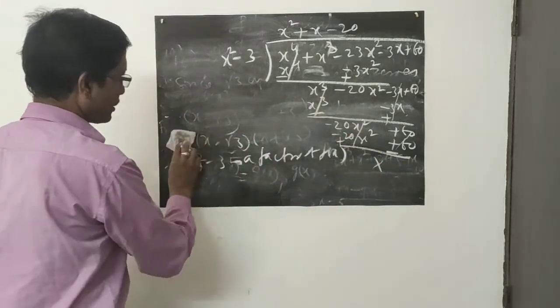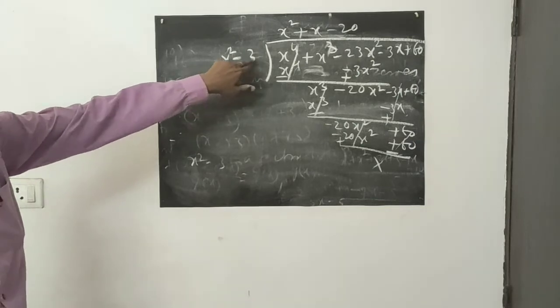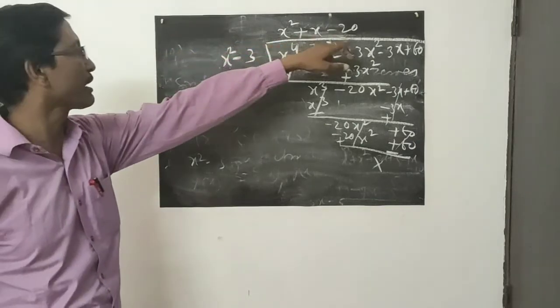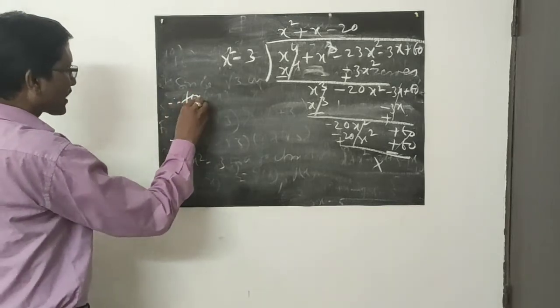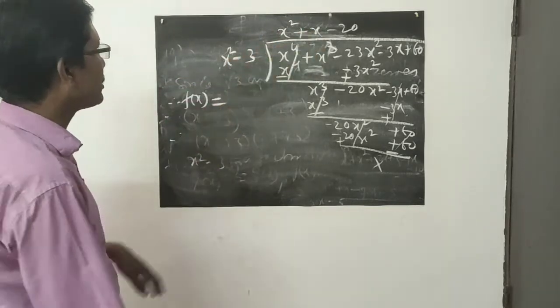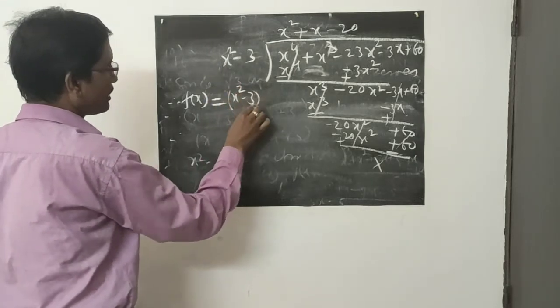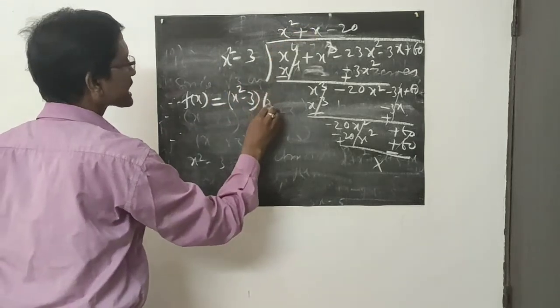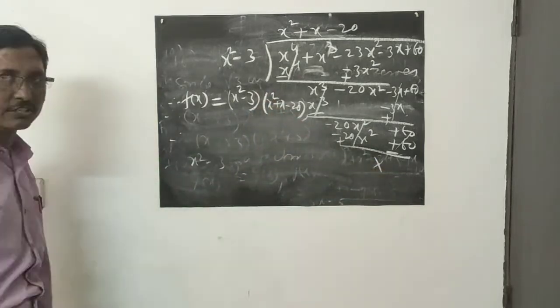It will be over, so ultimately it is divisible. One factor you got is x square minus 3, then the remaining factor you are having is x square plus x minus 20. So f(x) can be written as g(x) times q(x), and the remainder you are having is 0.